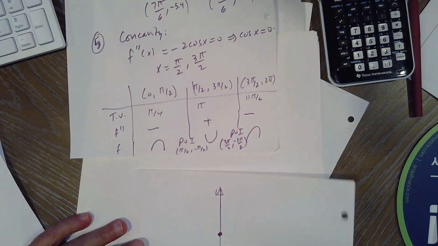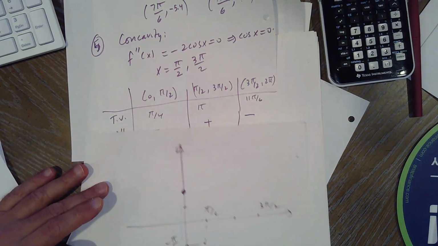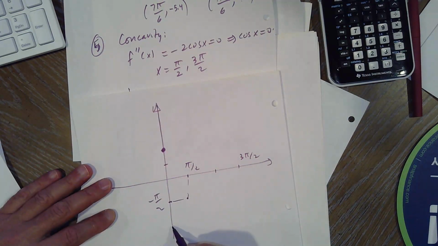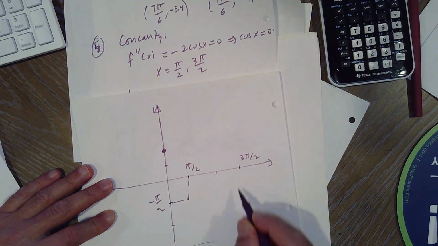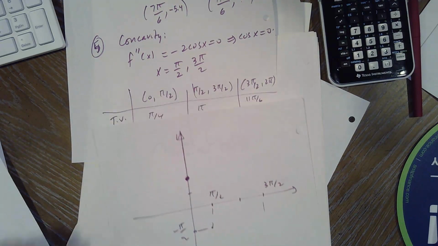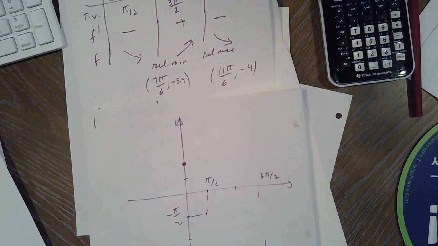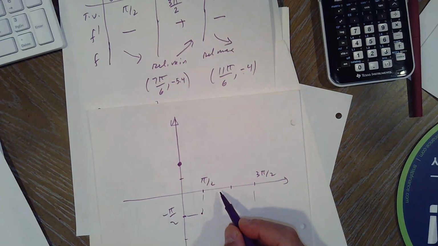And then it changes concavity at 3 pi over 2 with negative 3 pi over 2. And then it has a relative min at 7 pi over 6.